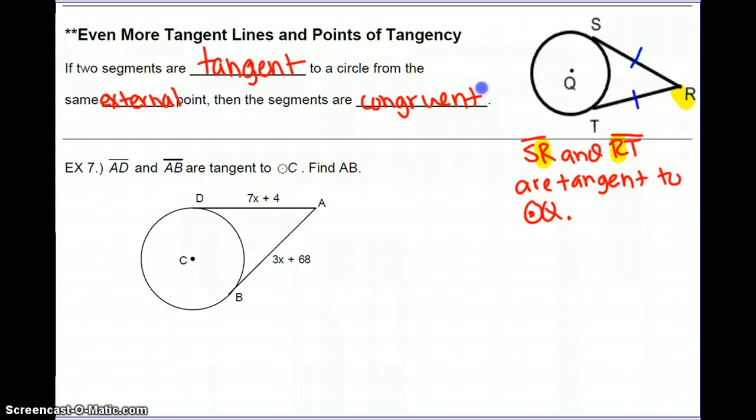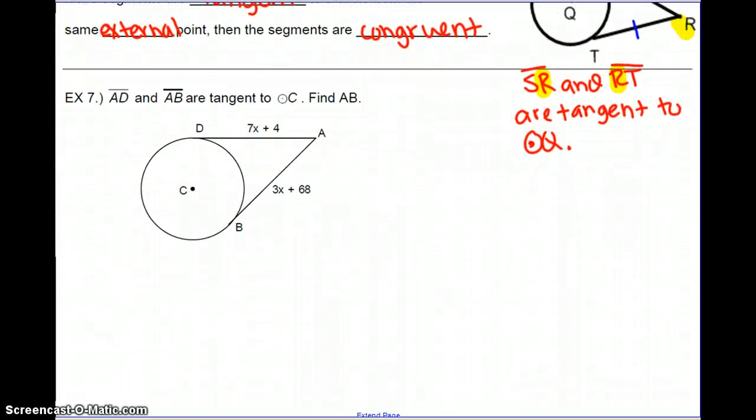Now, using that idea in example 7, pause this video and find the length of AB. So for example 7, I have the same external point A creating two points of tangency for lines AD and AB. Because I have two tangents drawn from the same external point, AD and AB are going to be congruent.